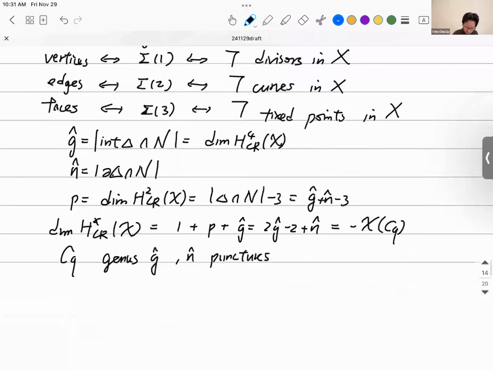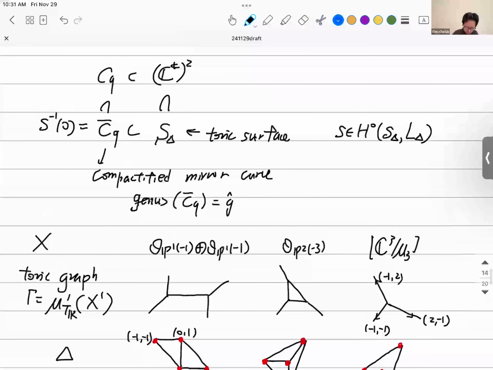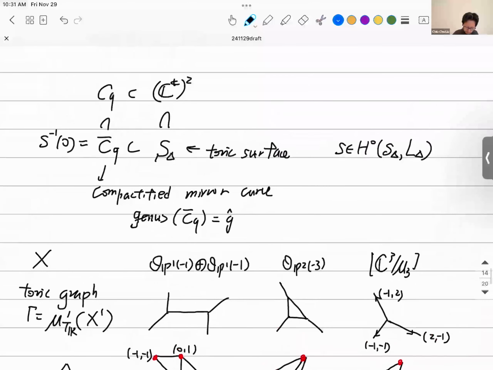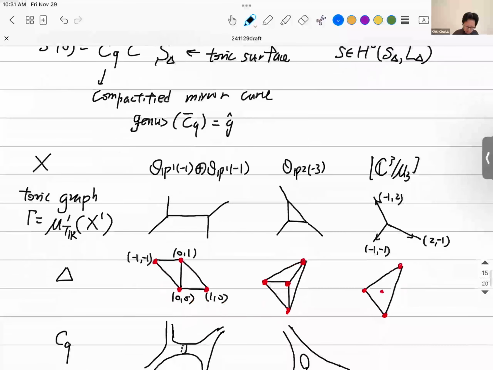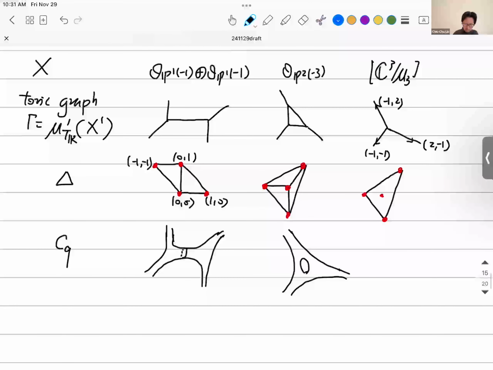Okay, so now let's look at this picture, then it will be clearer. First of all, we now assume it's an honest symplectic toric Calabi-Yau threefold.